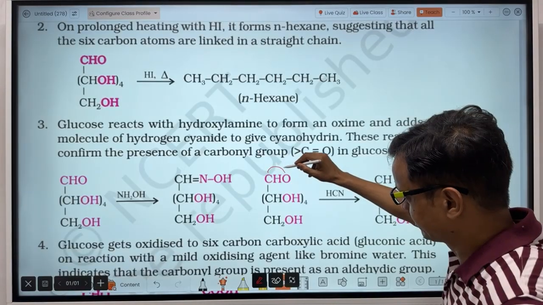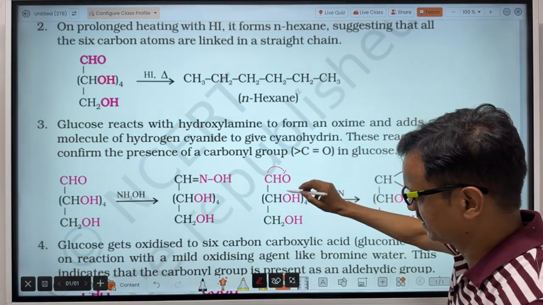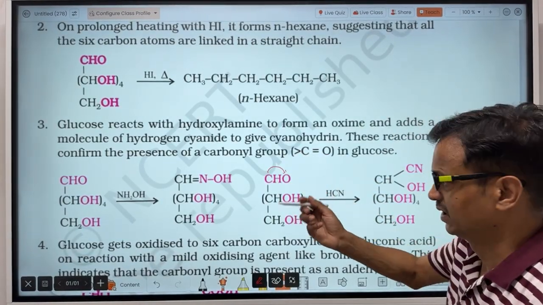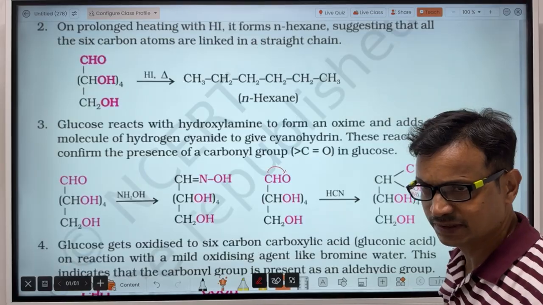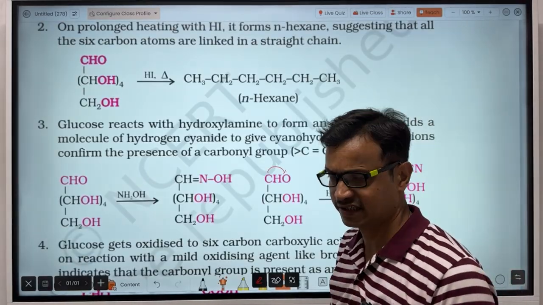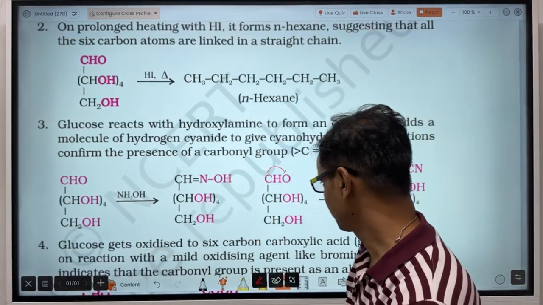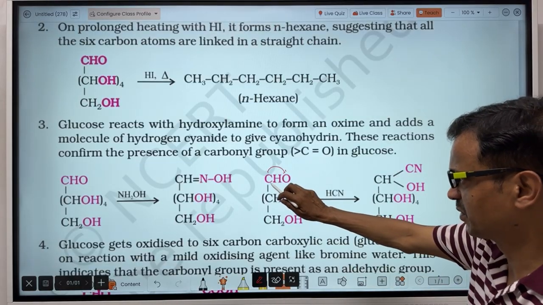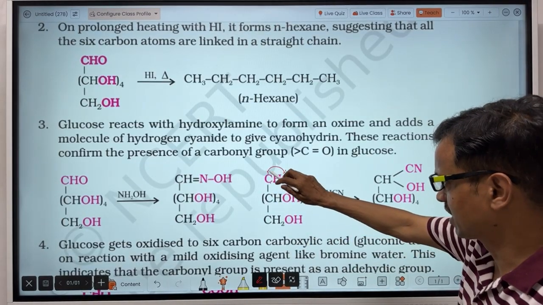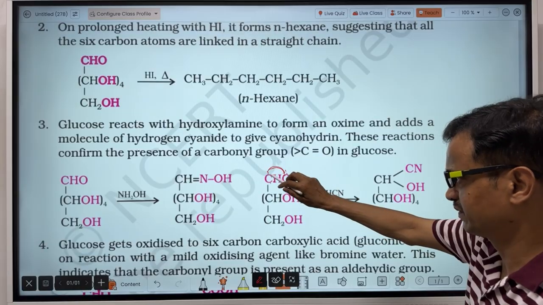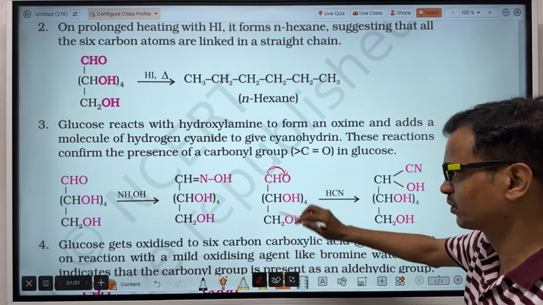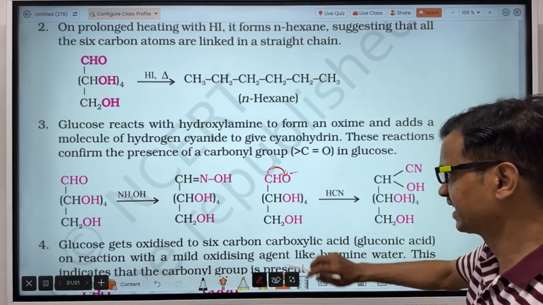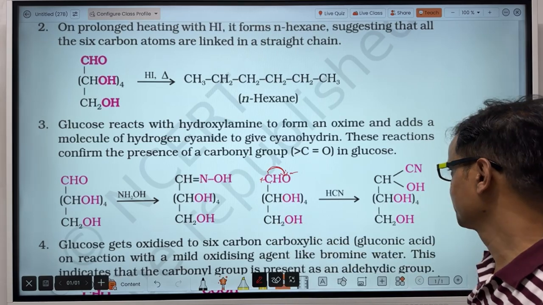Oxygen here is doubly bonded to this carbon atom. If you feel difficulty, then refer to the chapter of aldehyde, ketone and carboxylic acid. Here I am telling in short: this oxygen is doubly bonded to this carbon. So this carbon will attract the pi electron towards itself. So this oxygen will have negative charge, this carbon will have positive charge.